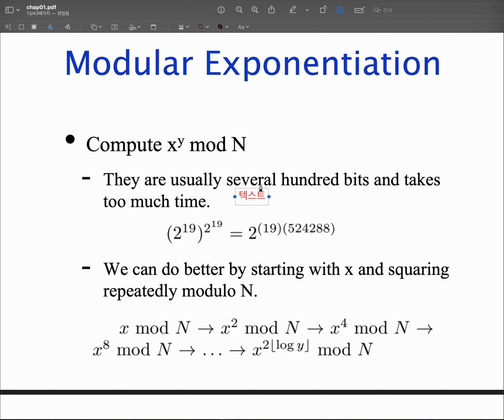Okay, so this guy, you can compute x times y mod n, okay, by multiplying x y times, and you can divide the result by n.